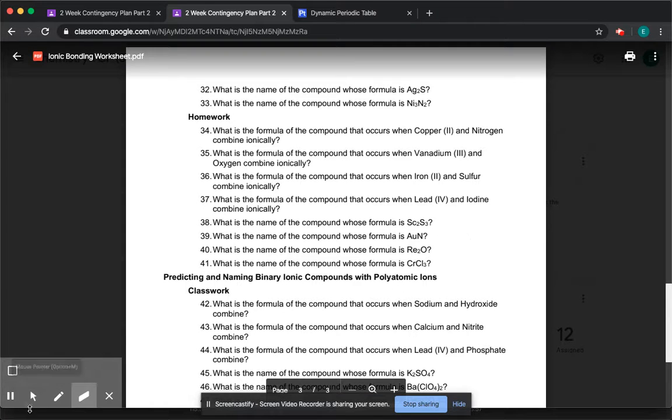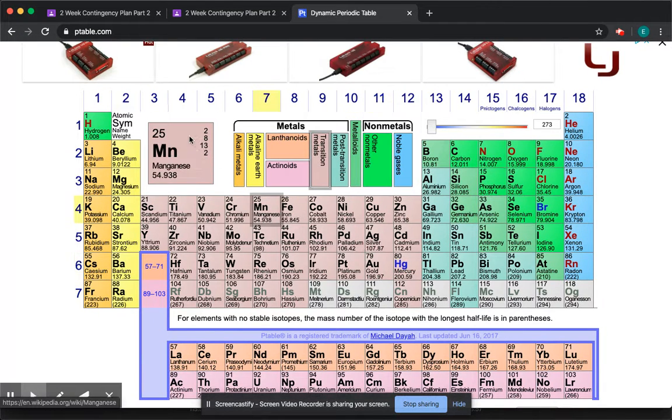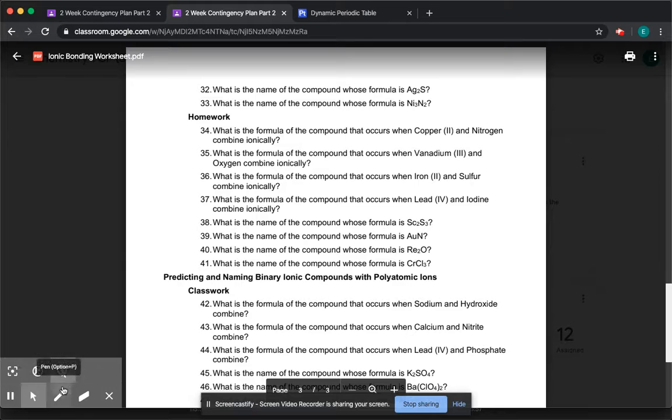So now that we know it's +3, we can write the full name. Au is gold. So what is the name for number 39? This would be gold 3 nitride.